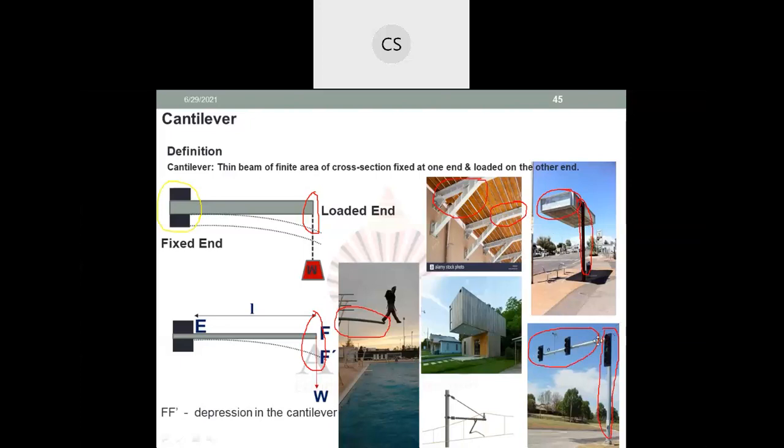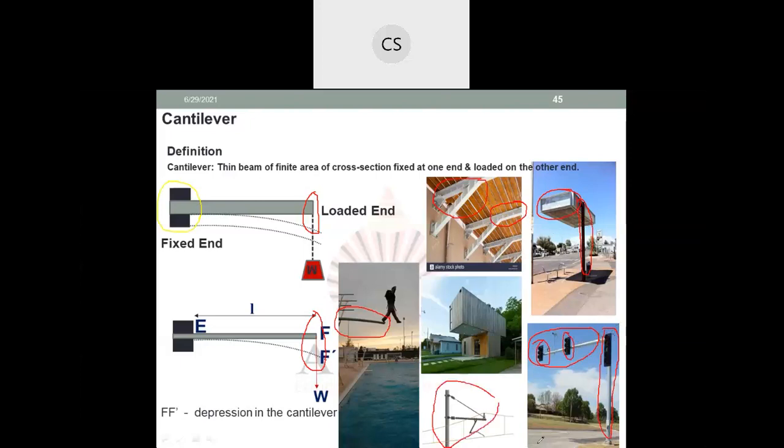You can see this end is fixed and this is the loaded end. What is the load? The signal light is the load for the cantilever. Similarly, you can see such types of building structures.